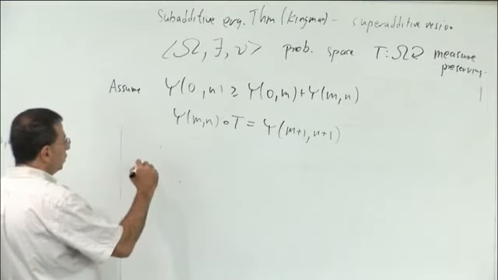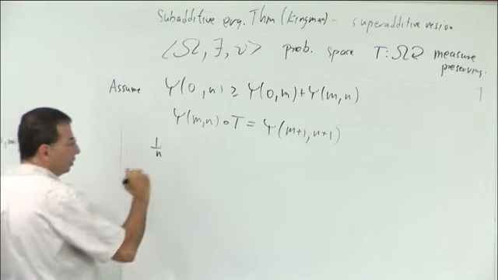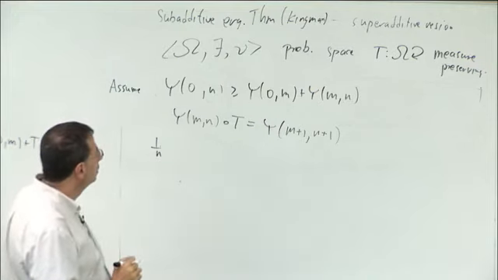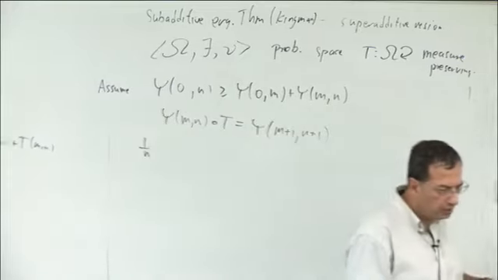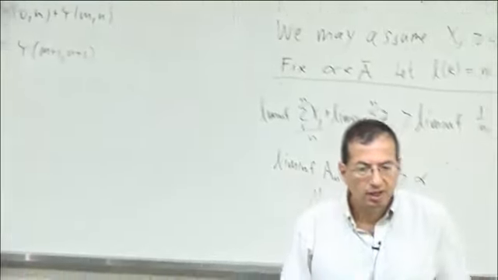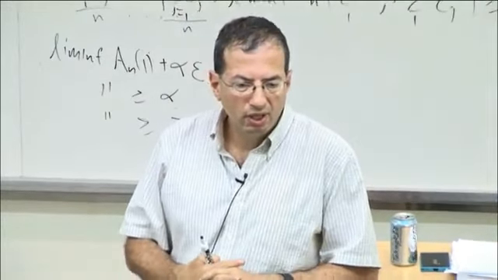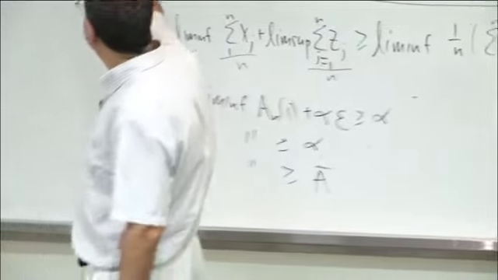And then the conclusion is that... So, no, this is a little confusing. This is not equality in distribution. This is the actual random variables. Okay, so T is measure preserving. That's right.